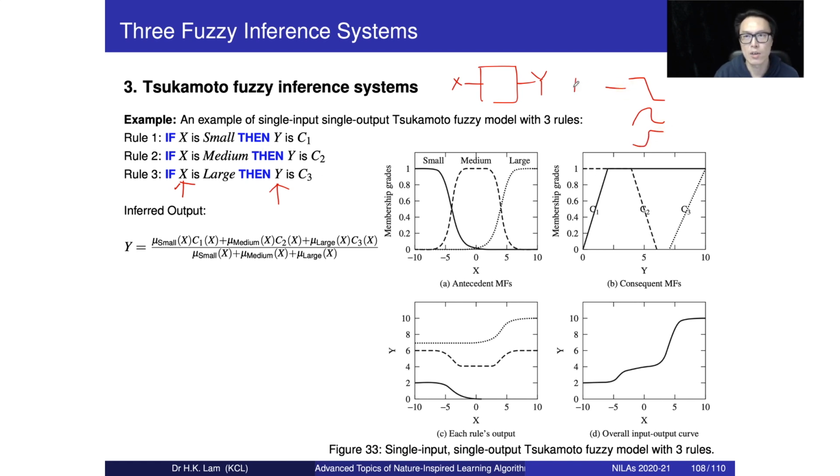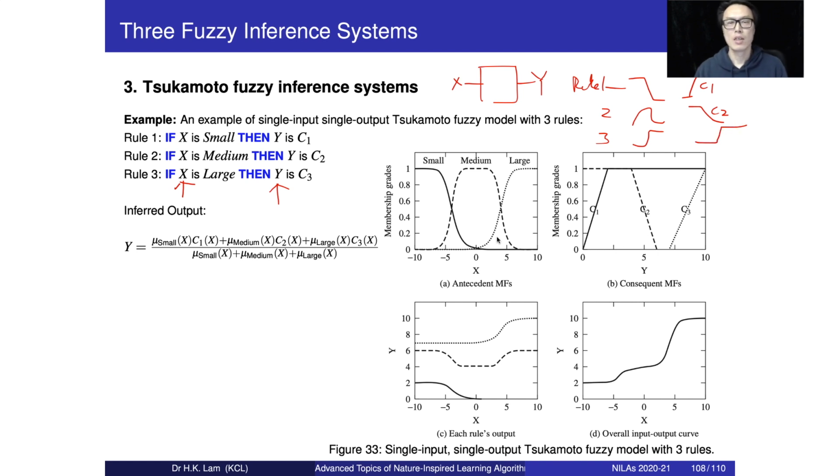This is rule 1, this is rule 2, rule 3. When you follow this c1, it will be something like that, and then rule 2, c2, and now c3, that will be something like this.